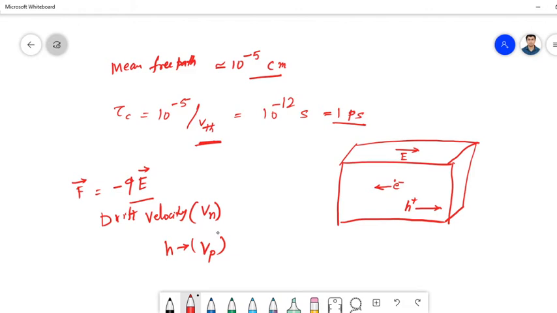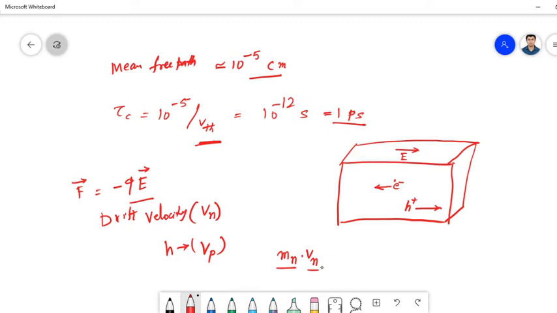Now because of this drift velocity, there is a change in momentum, right? So the electron basically gains some momentum. What will be the momentum of the electron? It will be mn into Vn, where this is the effective mass of the electron and this is your drift velocity.